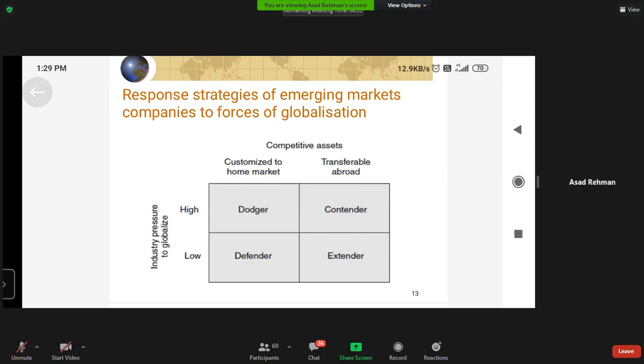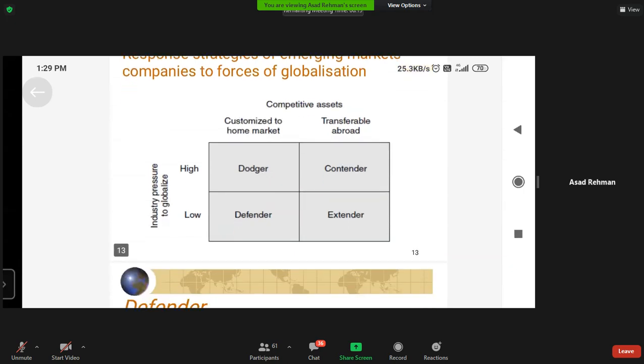So on the basis of this, we find that there are four strategies which emerge. We'll start with one basic thing: if you look at the defender, the industry pressure to globalize is low.